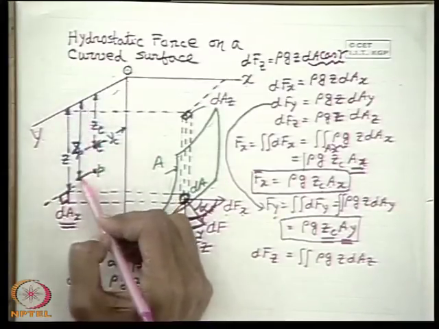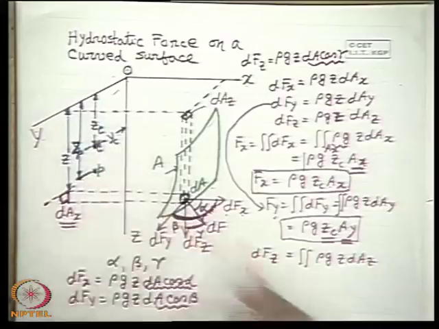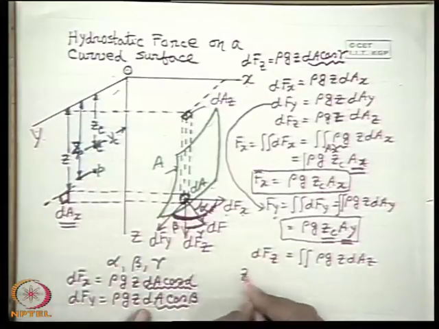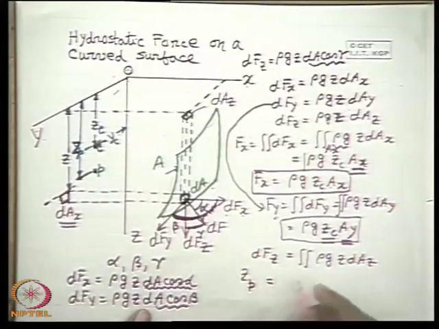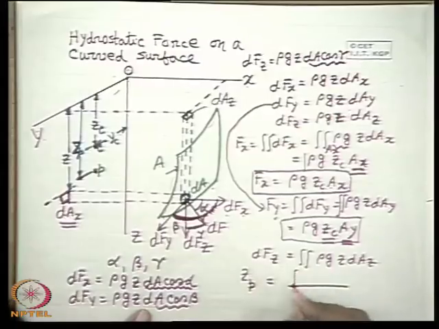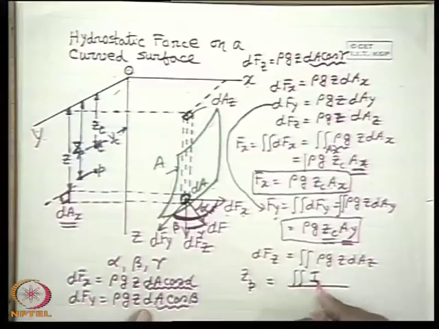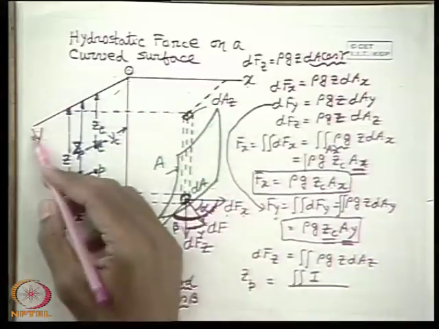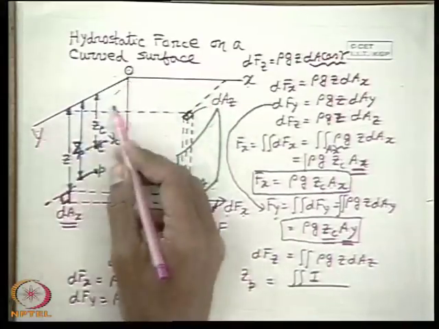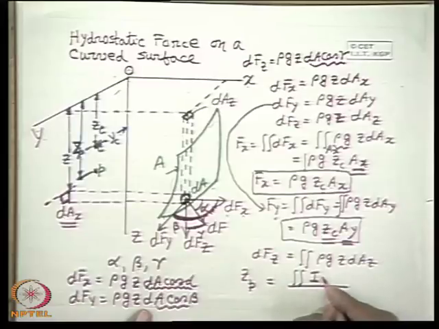with a vertical depth or coordinate Zp, then we know from our earlier discussion that Zp in this case is given by this integral. We can write I about the y axis, divided by Ax into zc.